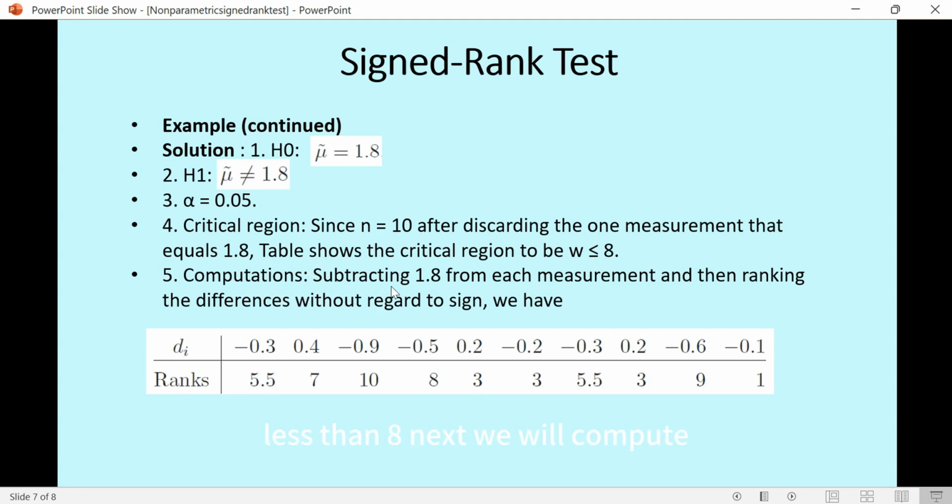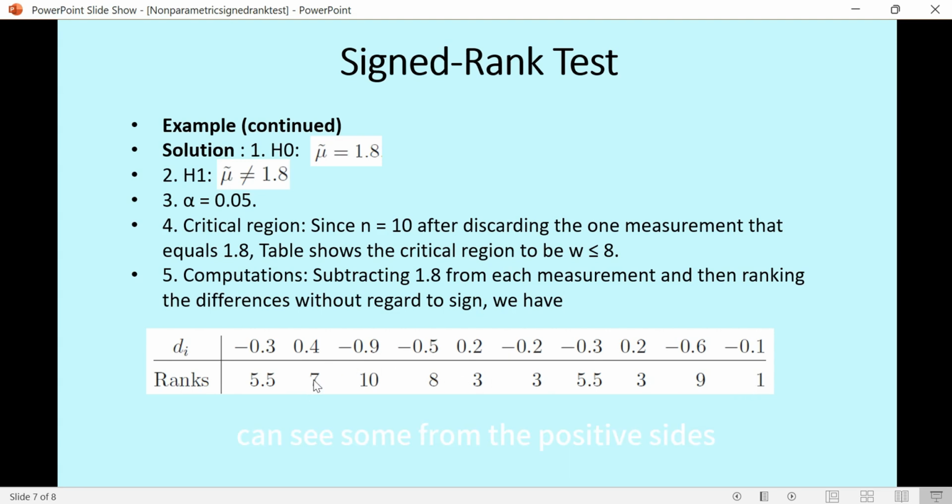Next, we compute by subtracting 1.8 from each measurement and ranking the differences without regard to sign. You can see the 5th and 6th ranks are tied, so we average them to 5.5, and the same for these 3 with the same rank, where we divide the total among them. So these are all the ranks.